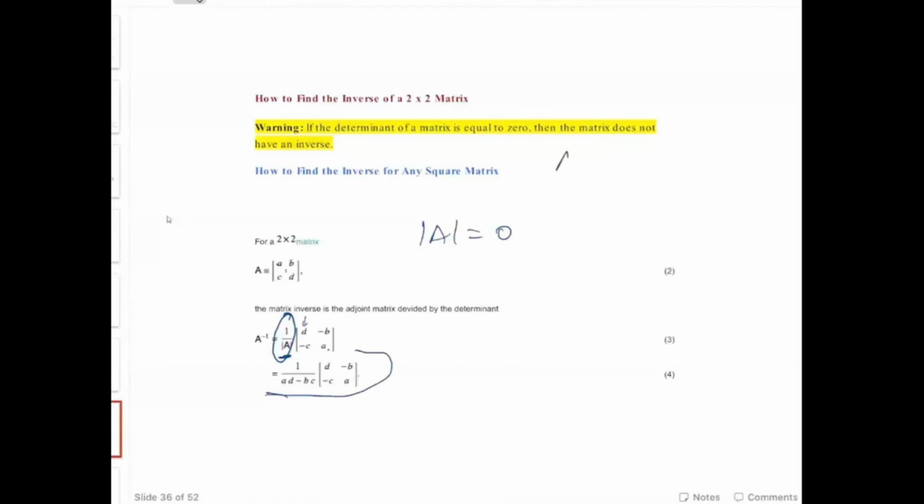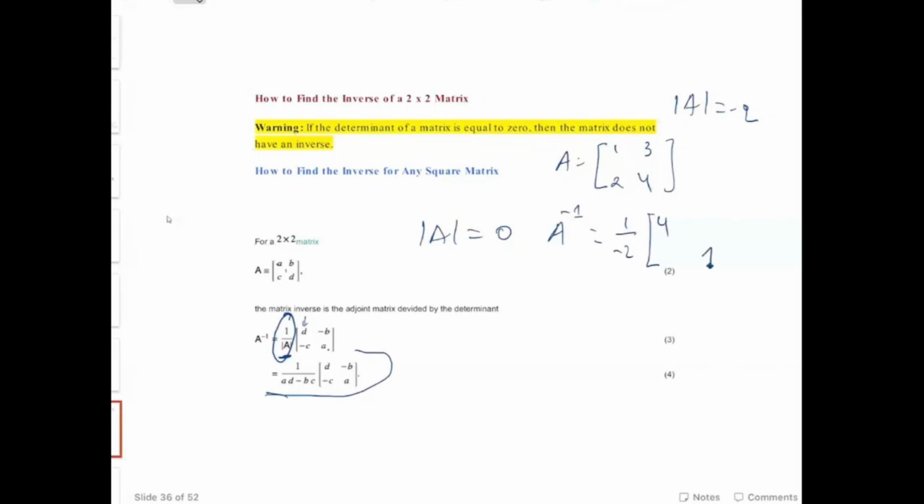In our case, our A was 1, 3, 2, 4, and we've computed the determinant as minus 2. To get the inverse, A to the power of minus 1, we take 1 over the determinant, and then we swap A and D. So 4 goes here, and 1 comes here.